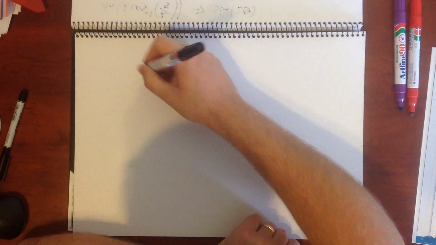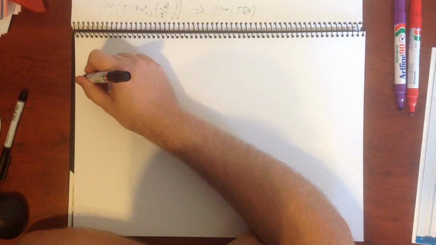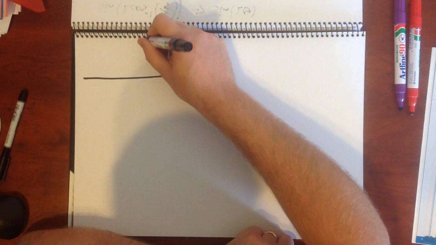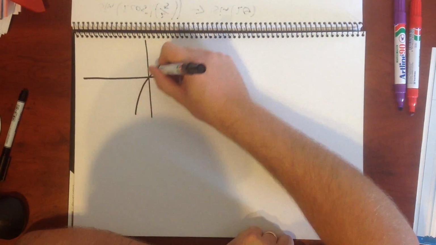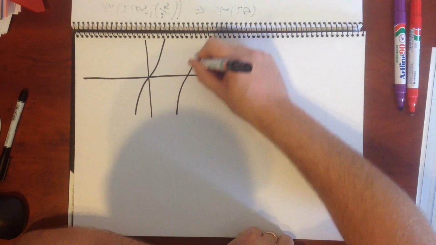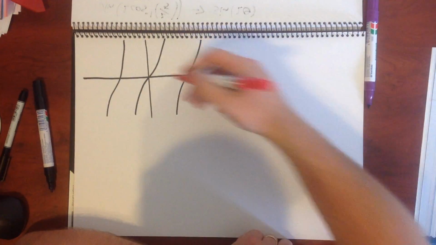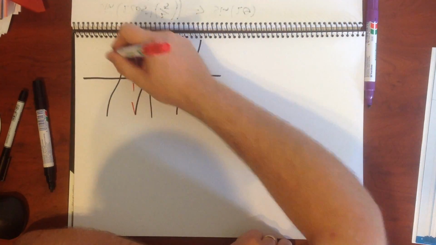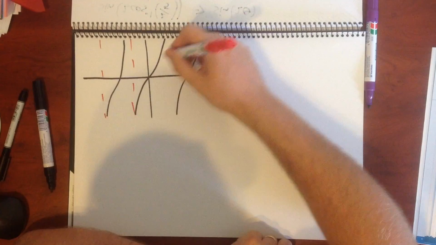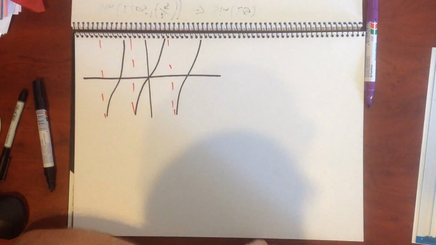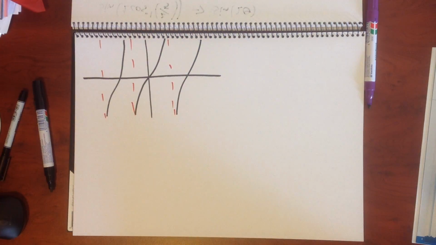Okay, so remember, our tan function is our one that's a little bit different. We've got asymptotes for our function, and clearly we don't have a one-to-one function again because it doesn't pass the horizontal line test.